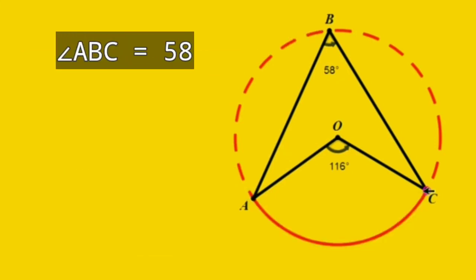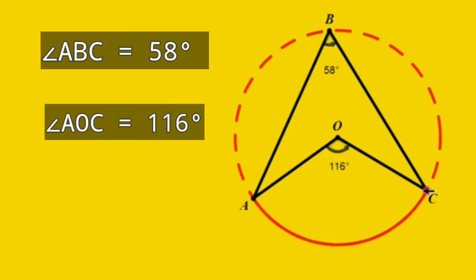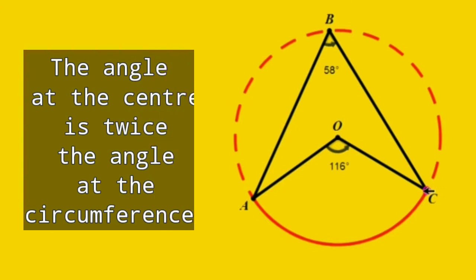We measure angle ABC, we get 58 degrees, and angle AOC, we get 116 degrees. Notice that angle AOC is twice that of angle ABC. In short, we say that the angle at the center is twice the angle at the circumference.